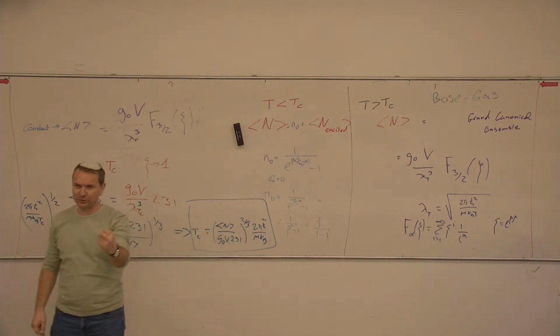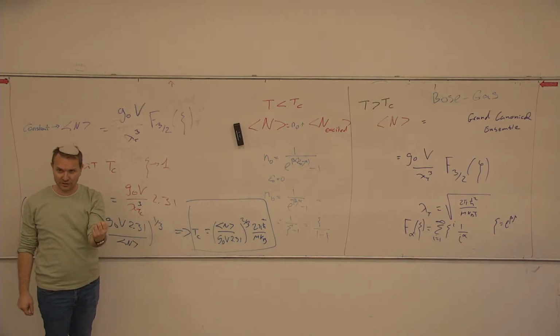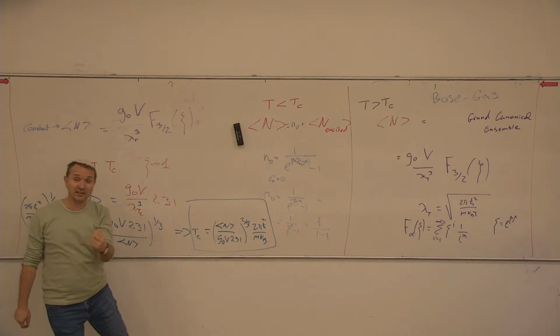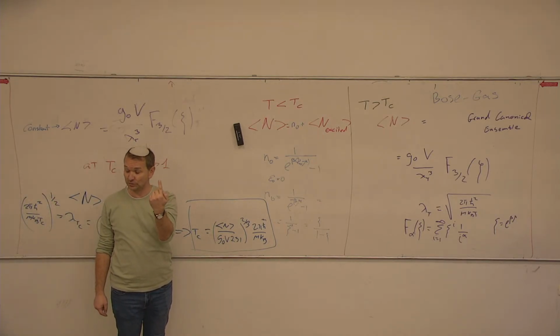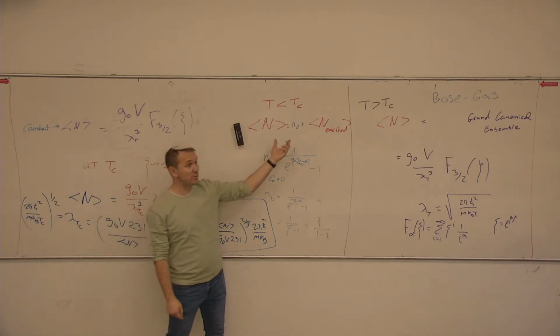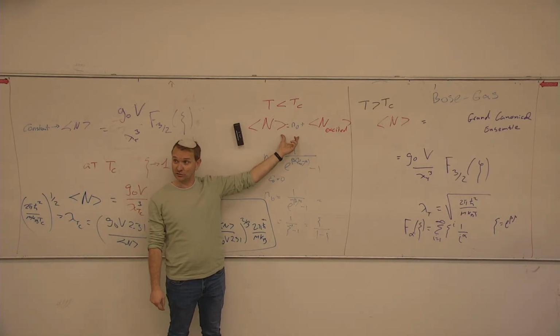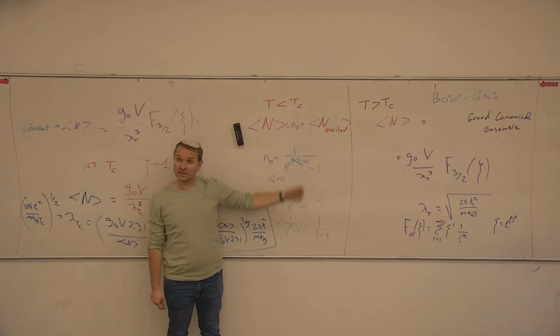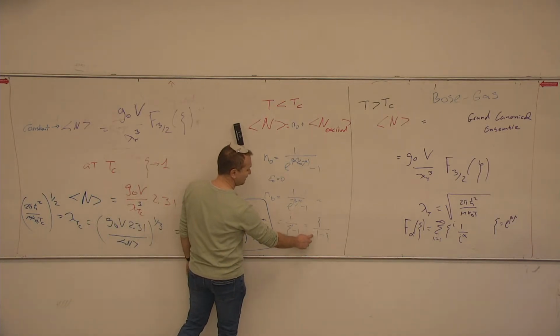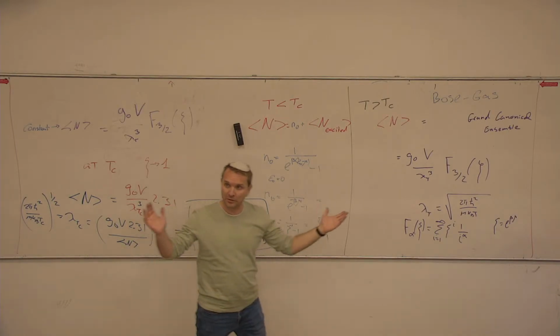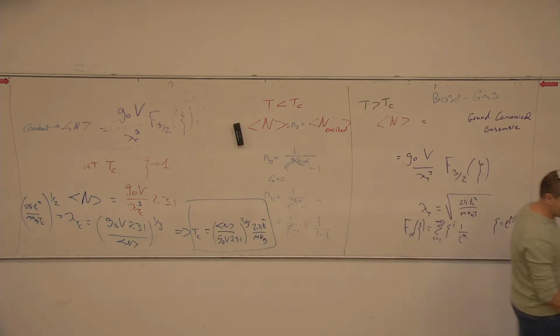Mathematically, why do you have to put it? Because you're looking at N0 not as a continuum contribution, but as a delta function contribution. When you integrate this delta function, you have this N0 over here. Now, what is N0? Well, it's fugacity divided by 1 minus fugacity. That's it.